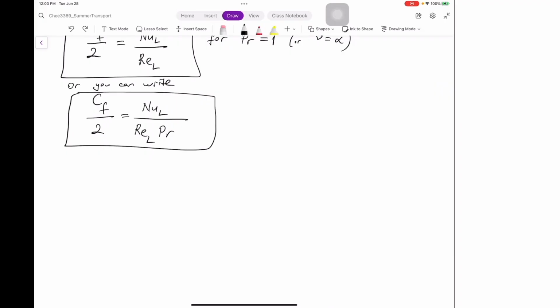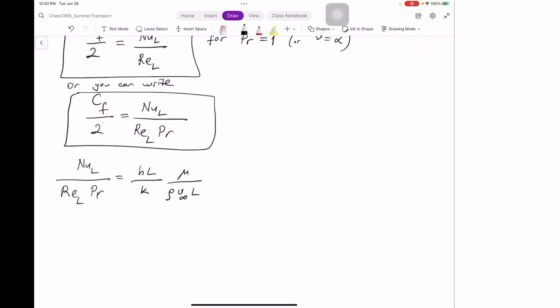Let's work a little more on this Nusselt number divided by Reynolds number, Prandtl number, and let's see what it actually means. Now let's write it down. hL over k. 1 over Reynolds number is mu over rho V infinity L. And the 1 over Prandtl is alpha over mu, actually.